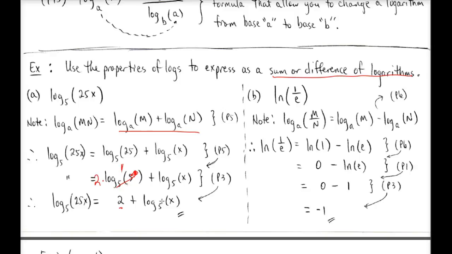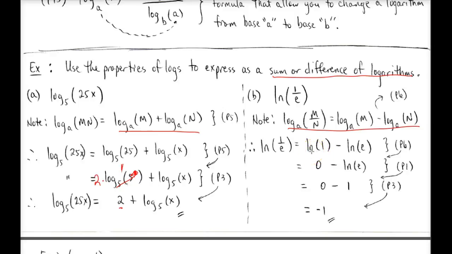For example B, we see that we have natural log of 1 divided by e, and this fits the profile of property 6. With property 6, natural log of 1 over e can be rewritten as natural log of 1 minus natural log of e.